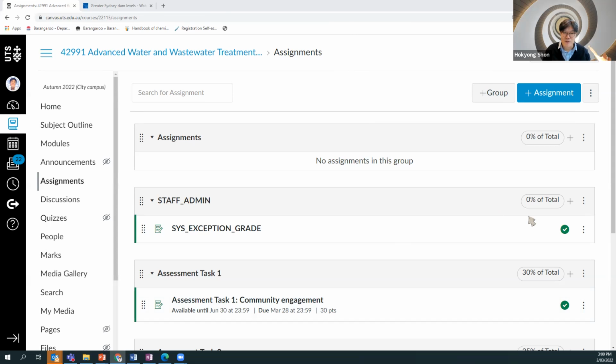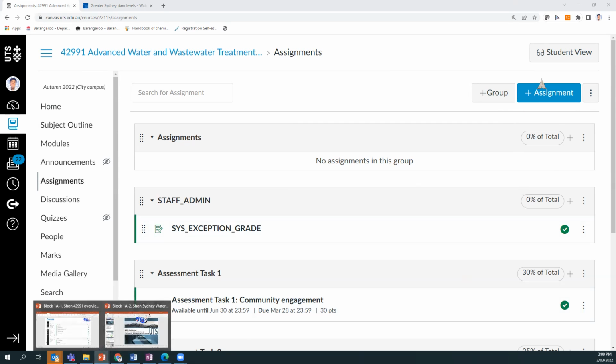Our objective for this subject is to make sure that you have strong confidence to design your wastewater treatment plant, as well as the stakeholder engagement. If you have no questions about your assignment, you can go to the next.